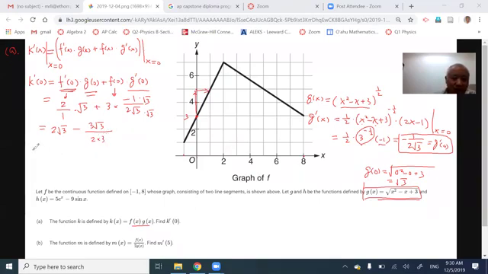And the 3 cancels, so you're going to have 2 square root 3 minus half of square root 3.